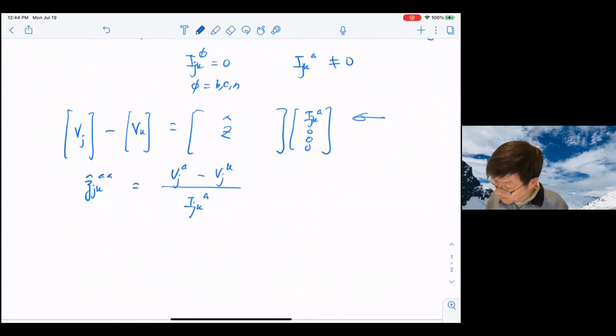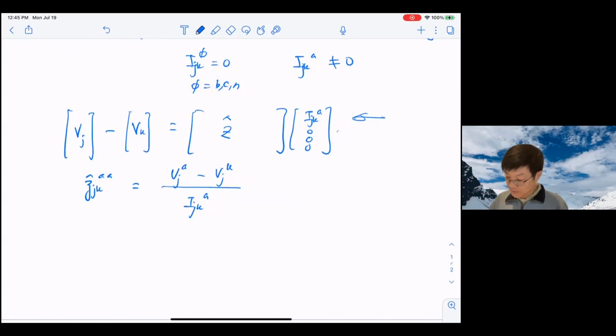Because the other terms are multiplied by 0, and therefore this is the equality for the first row. Now, if you look at this, what does that mean? It means that the diagonal entry that defines our series impedance matrix is simply the ratio of the voltage drop in phase A to the current in phase A. That's all it is, right?